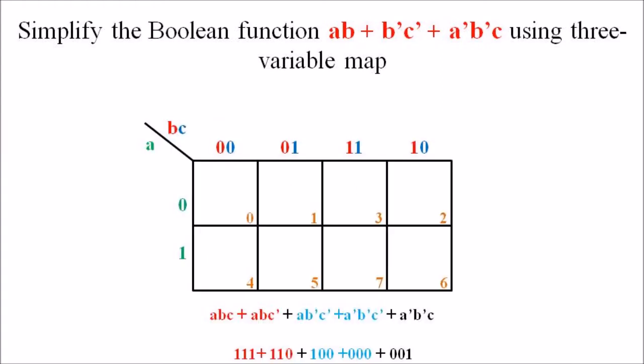Since we are dealing with a 3-variable K-map, the total number of cells in the K-map should be 2 raised to 3, which is equal to 8 cells. That is, we are using a K-map with 8 cells.